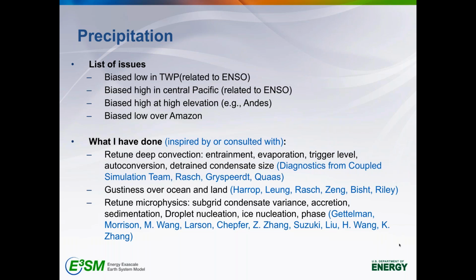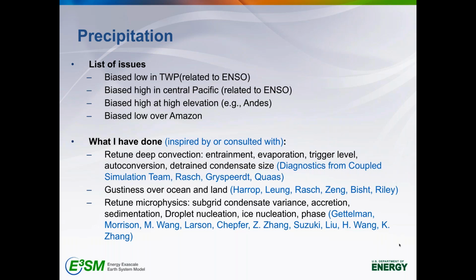And this is first inspired by Ruby's presentation in the All Hands meeting in June, where she showed one figure from, I think, Bill Lau's paper that shows that precipitation over Amazon is primarily from the local evaporation.